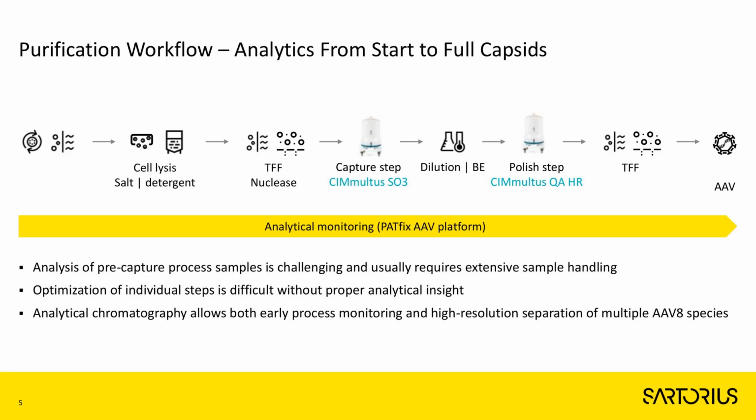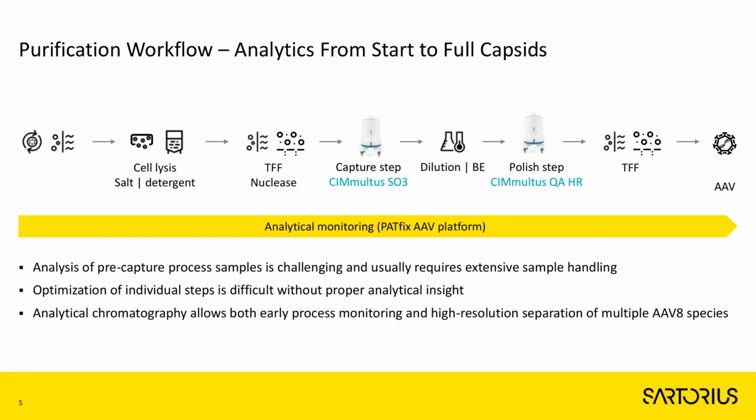If we look at it a little more closely, after the cells are lysed, the samples are usually treated with TFF and sometimes also nuclease to remove a lot of the chromatin, after which they're loaded on a capture column, in this case showing our Simultus SO3 column as a solution.